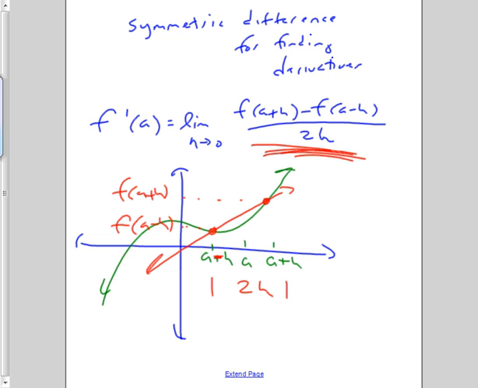So the slope of this line is f of a plus h minus f of a minus h all over 2h, what we had up there. Why is this helpful? It's helpful because it averages the slope to the right and to the left, just in case some weird stuff is going on. And we'll talk about this more tomorrow, but this is a new technique for finding the derivative algebraically.